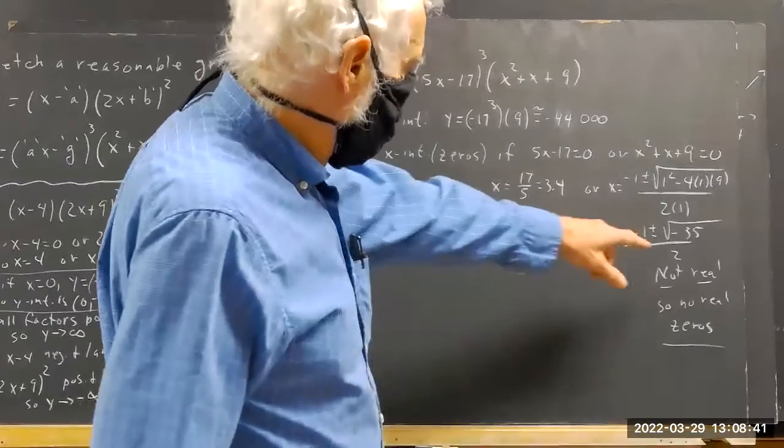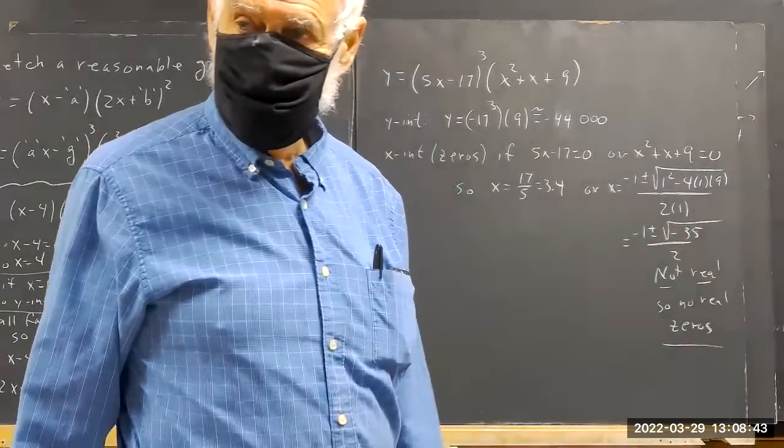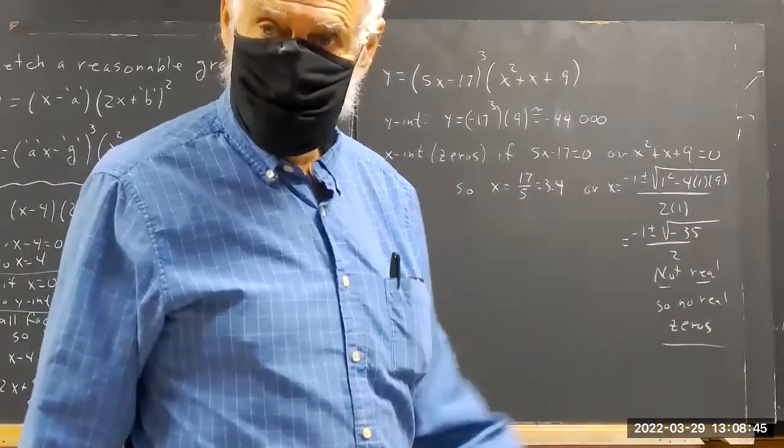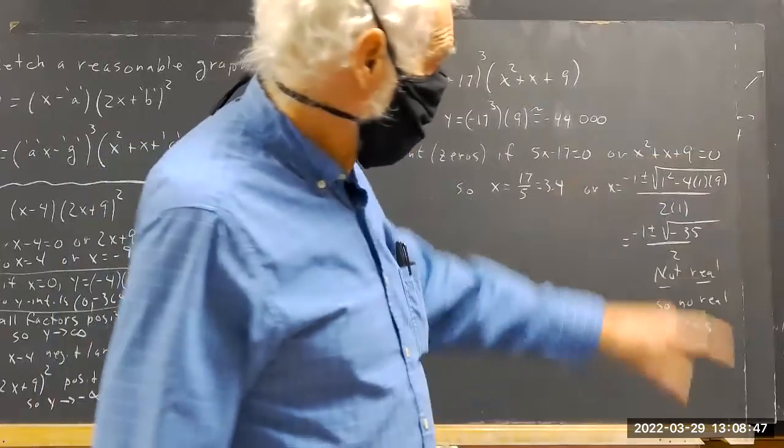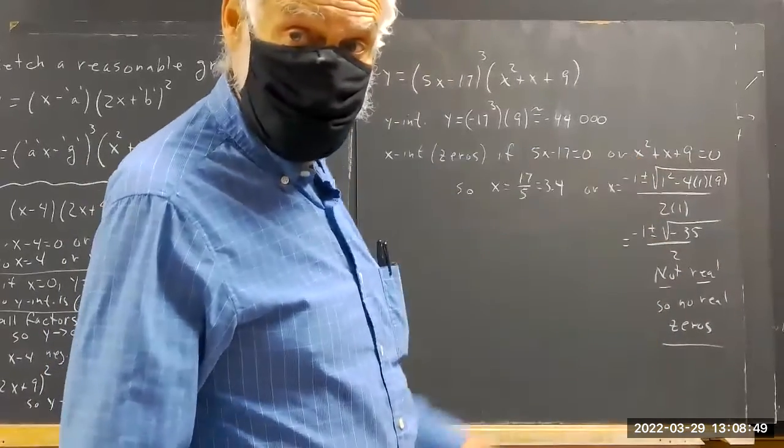Not real because of the square root of negative 35. So there are no real zeros. So there's not going to be any x-intercepts to come out from this.